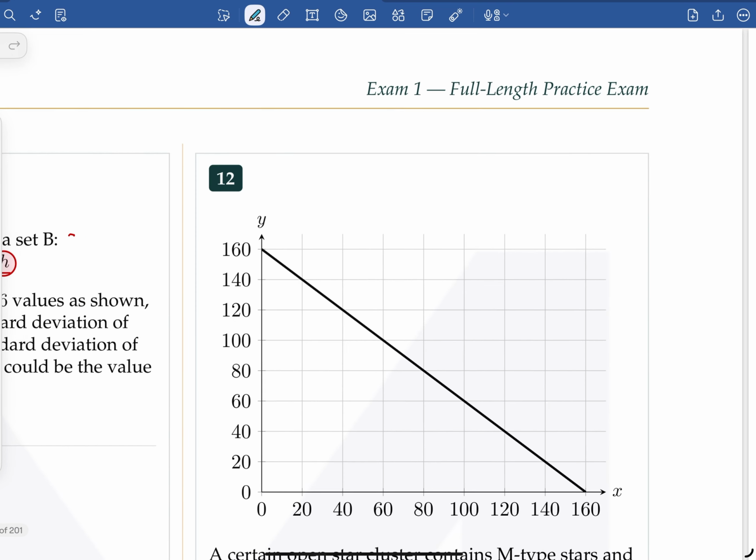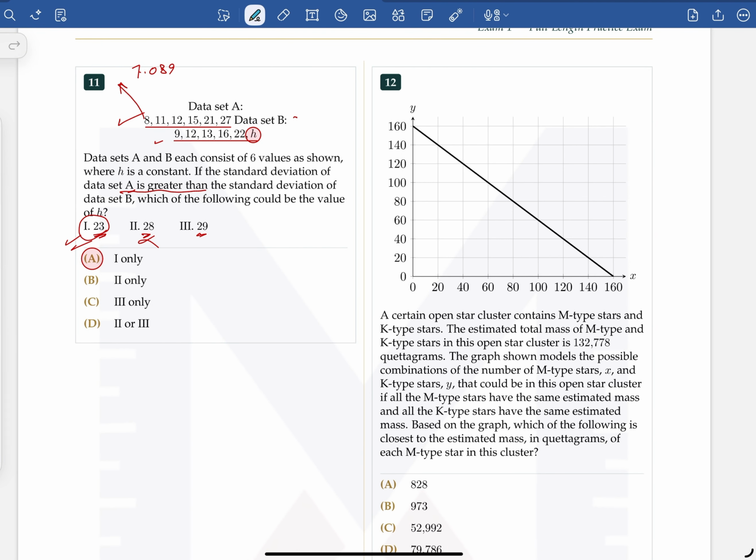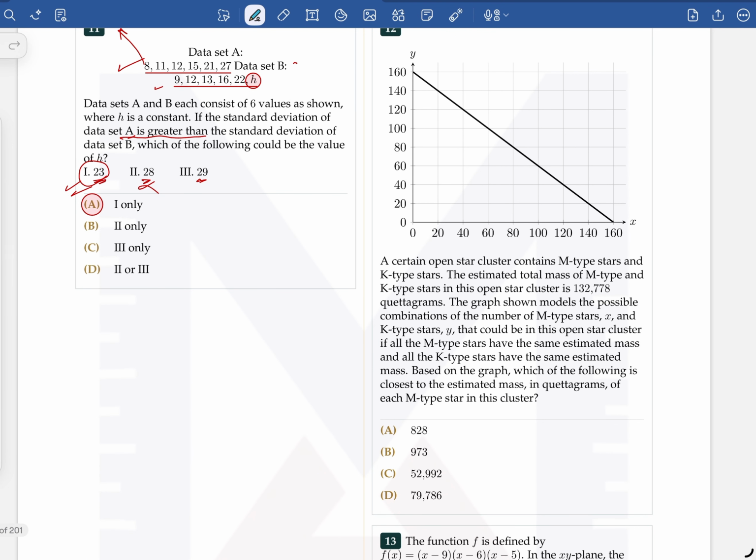Number 12, we have this graph, and the question says a certain open star cluster contains M-type stars and K-type stars. The estimated total mass of M-type stars and K-type stars in this open star cluster is 132,778 quitagrams.